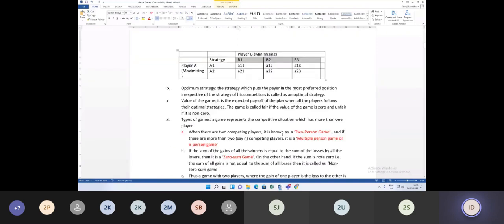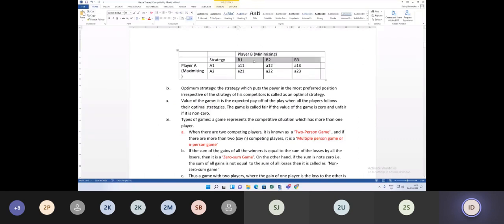The optimum strategy means finally who is going to be the winner of the game. Out of strategies A1 and A2, A has to select either A1 or A2. Which one is to be selected is the optimal strategy. Similarly, B has to select either B1, B2 or B3.